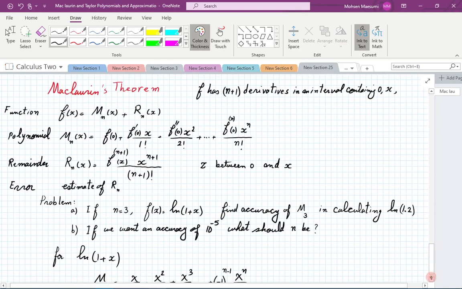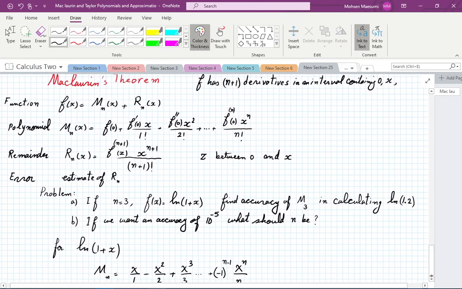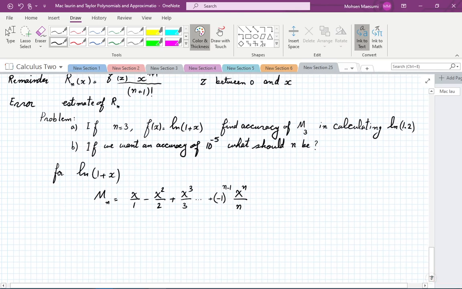Okay, next question is, well, what is the remainder? That's what is going to determine what our error is going to be. But before we do that, let's do the simple one. So suppose we are told to just use 3 terms, the last term being power 3. The power 3 is the last one to be used.